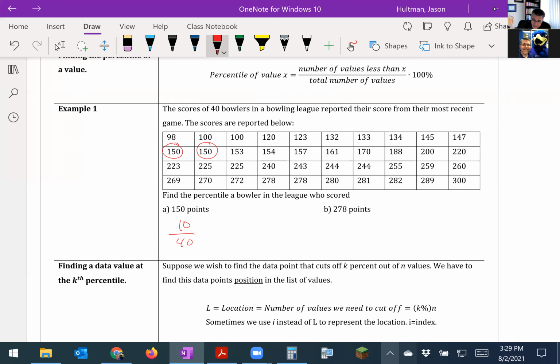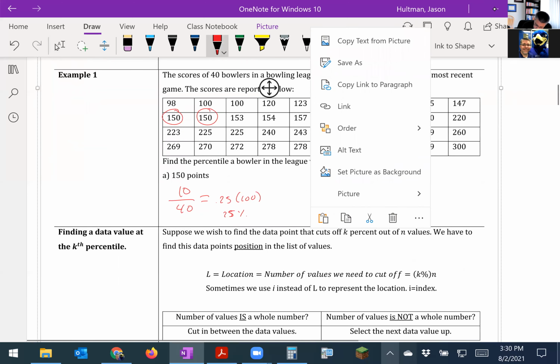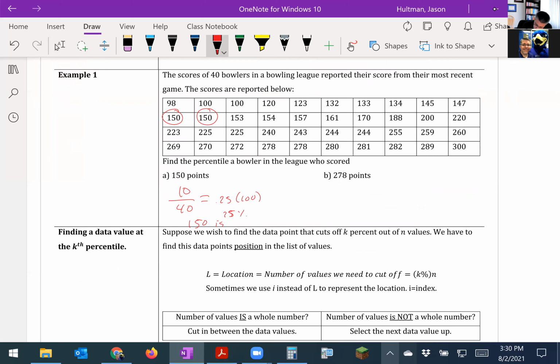And so 10 divided by 40 is 0.25 times 100 is 25%. So we would say that 150 is the 25th percentile. Okay, that means 25% of the values are less than 150.